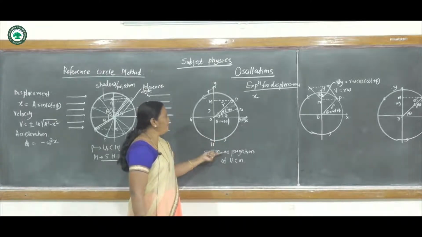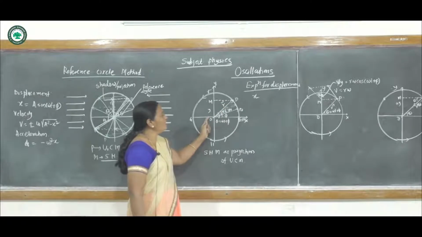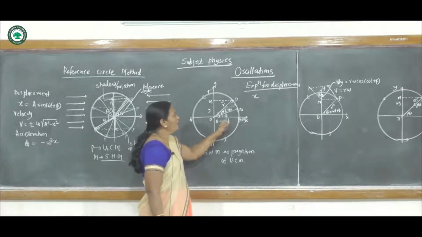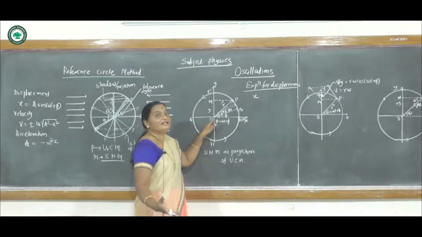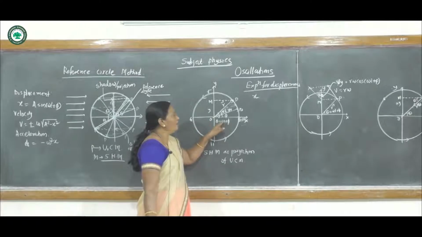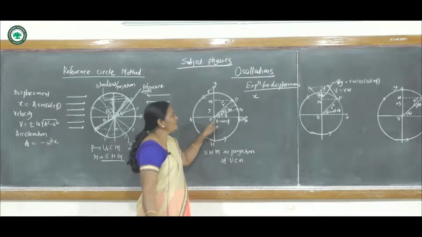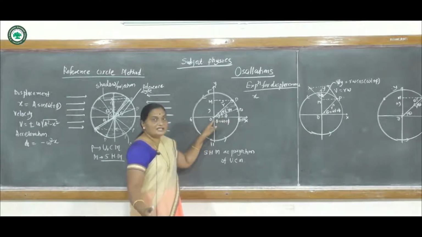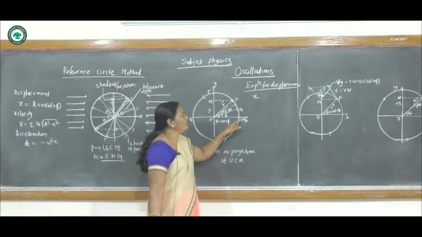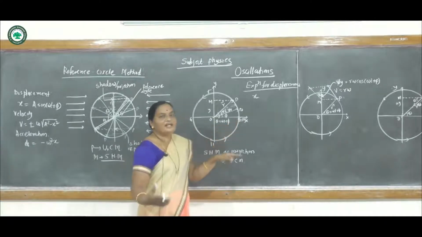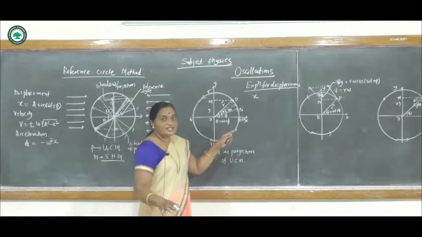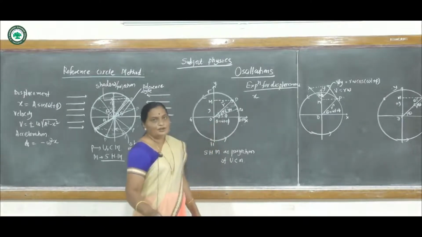Now this particle has constant speed. Initially suppose the particle is at point E, that is, when time t is equal to 0, the particle is at point E, which is called the mean position. Then the angle phi is 0, theta is also 0, therefore we can say this is the mean position. Initially the phase is 0.